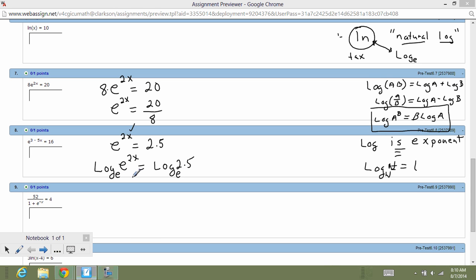Instead of writing it log base e like that, we use this syntax ln, which means log base e. And of course we apply it to both sides. Now we use the exact same exponent law. This thing can now be multiplied.